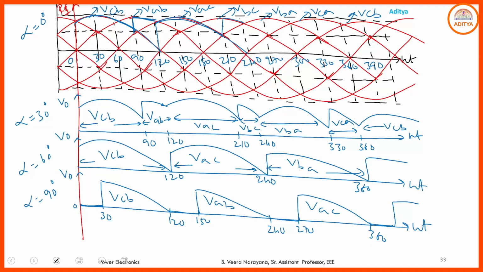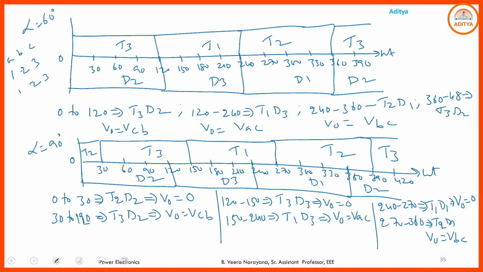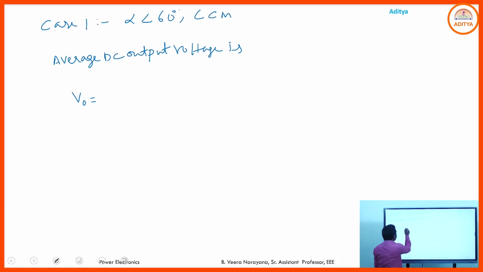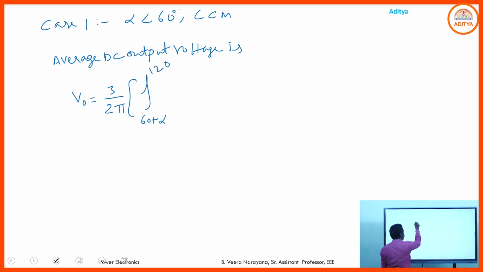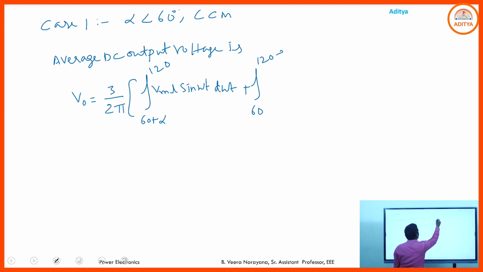For VCB, if alpha is 0, 60 degrees; alpha equal to 30, 90 degrees. The duration should be written like this: V0 is equal to 3 by 2 pi, integral from 60 plus alpha to 120 of VML sin omega t d omega t, plus integral from 60 to 120 plus alpha of VML sin omega t d omega t.